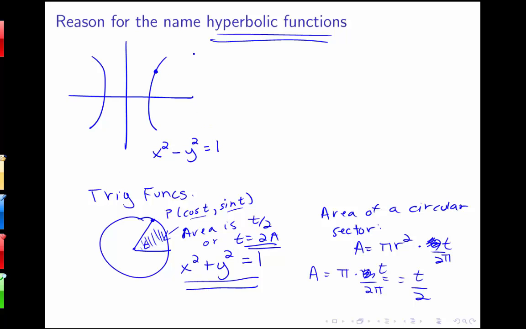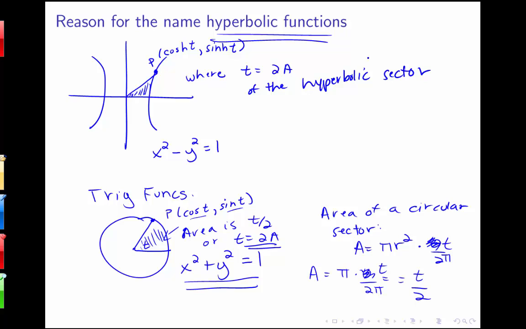And it turns out that if I have a point P here on the hyperbola, that point P can be expressed as hyperbolic cosine t, comma, hyperbolic sine t, where if I draw this hyperbolic sector, t is equal to 2 times the area of the hyperbolic sector that this shaded region here is making.